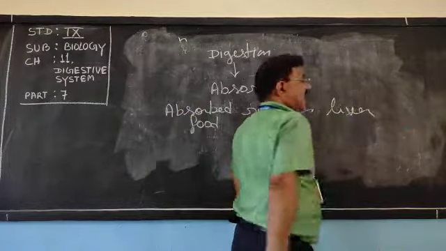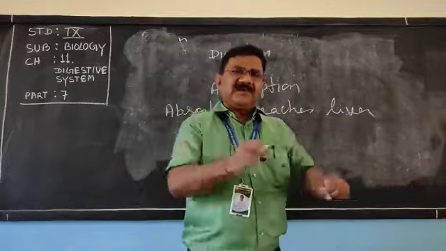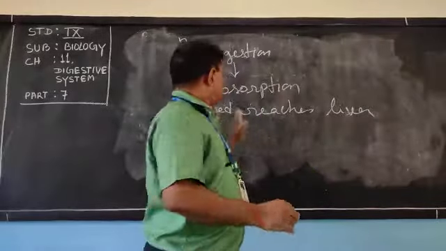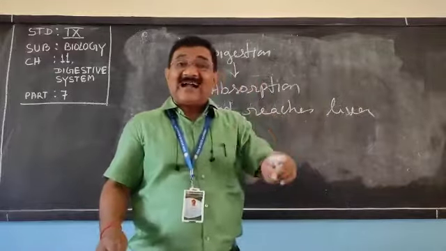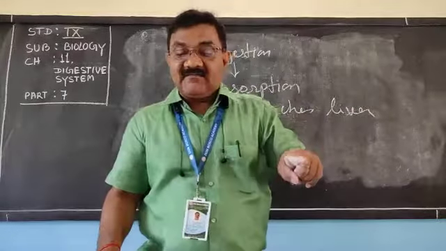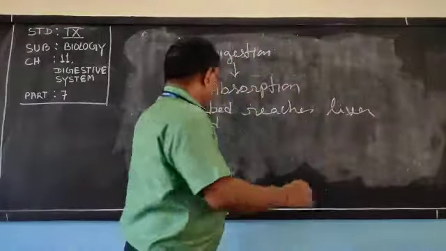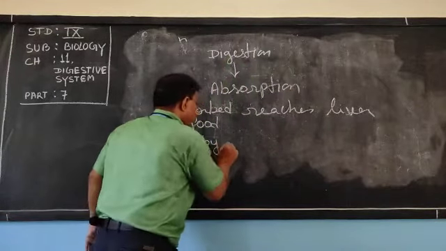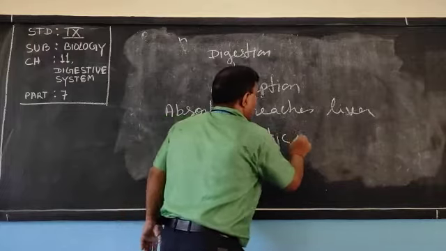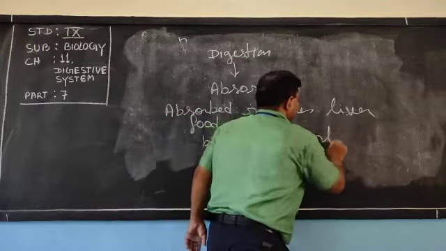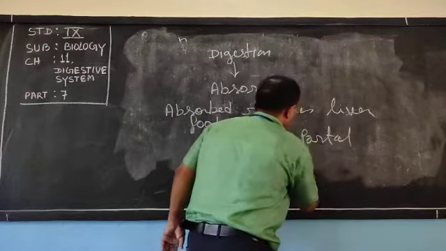Which is the duct through which absorbed food reaches the liver? That is the hepatic portal vein.